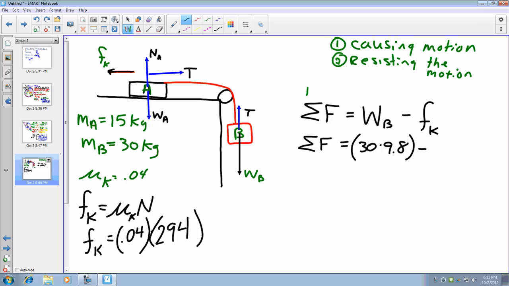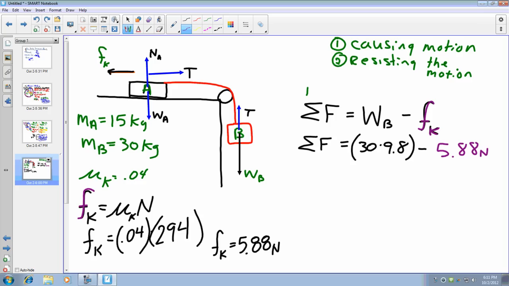The value I get for the kinetic force of friction is 5.88 newtons. So we can plug that in up here. 5.88 newtons. Where did this number come from? It came from all this math over here on the left-hand side.